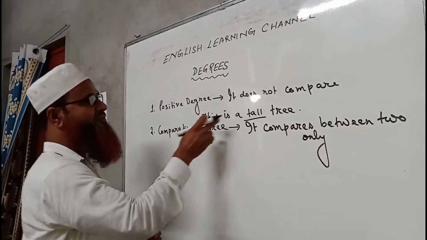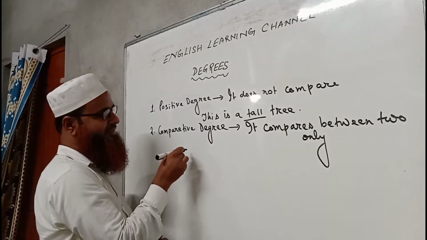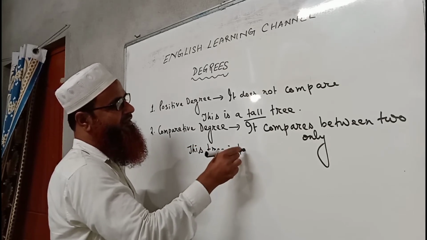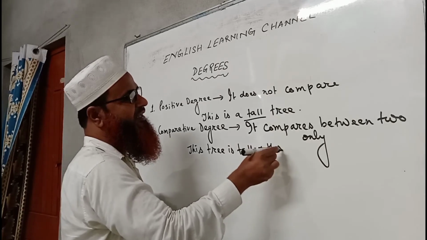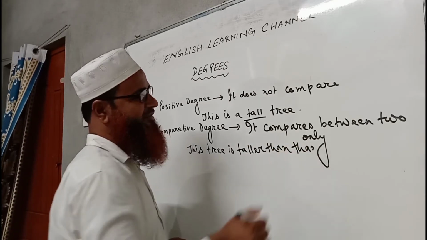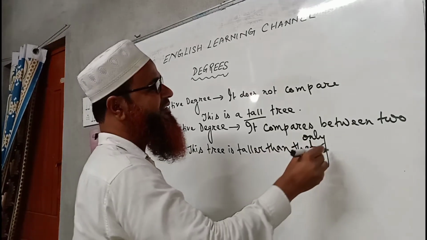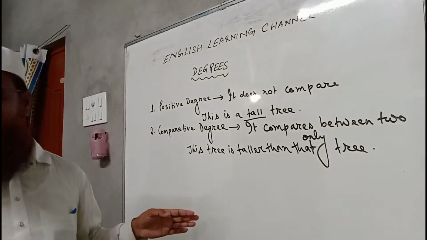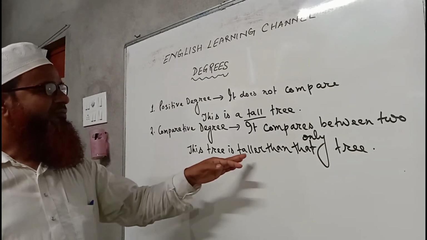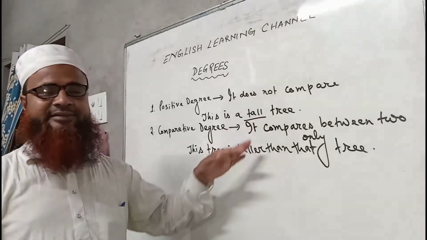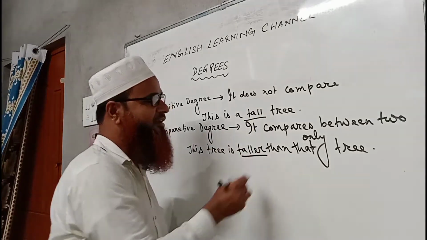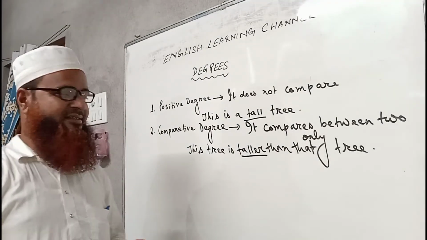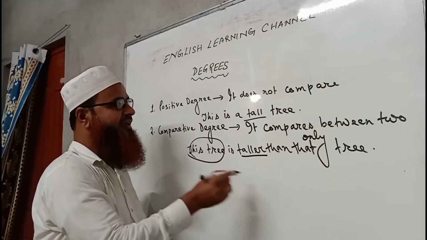So this tree is taller than that tree. This will be a sentence of comparative degree, because here we have used taller, the comparative degree of tall, and the comparison of the tallness has taken place here between two trees, that means this tree and that tree.